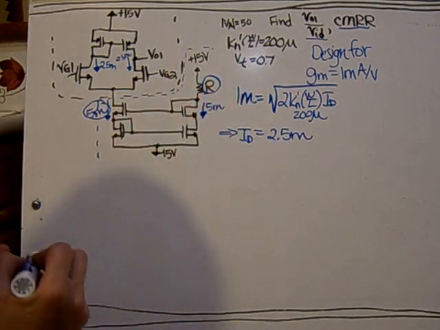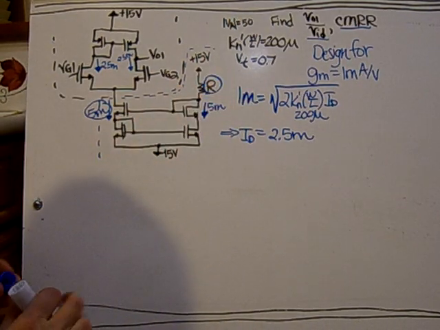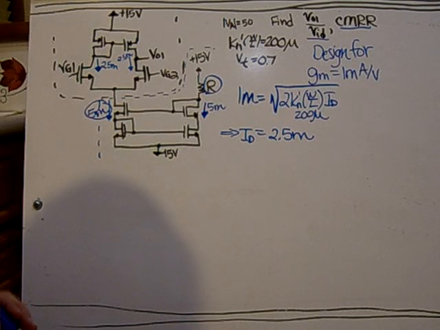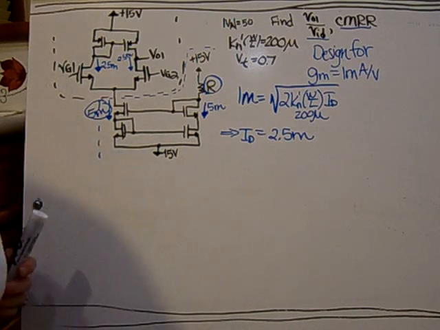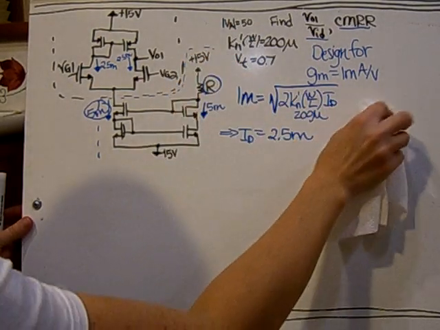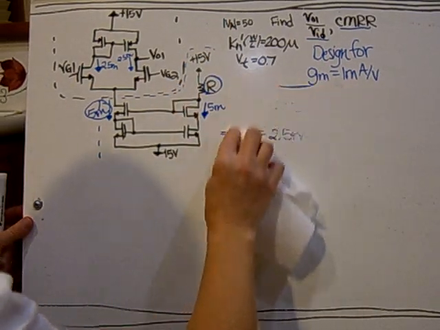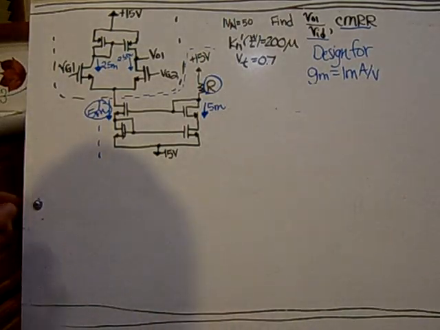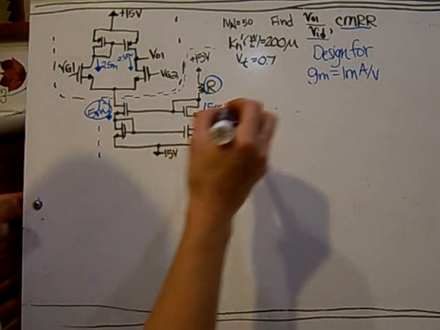So to set that 5 milliamps, we need to determine what value of R is going to be used here. To do that, we can take a voltage loop from the bottom up through the top. So a minus 15.